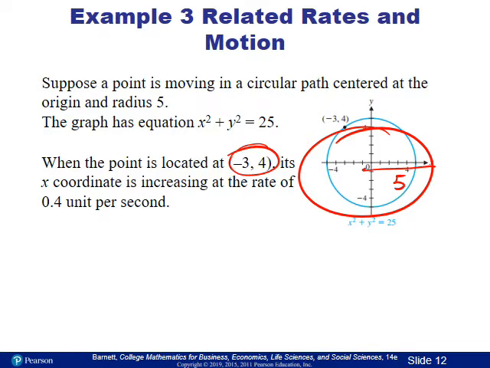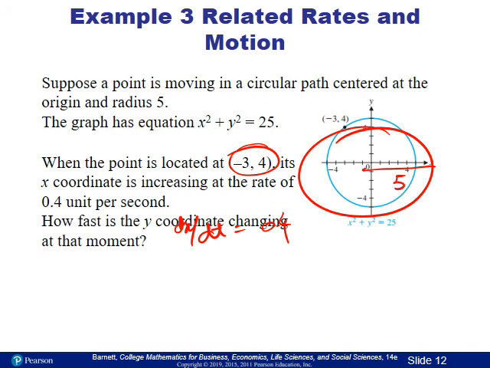When the point is located at (-3, 4), its x coordinate is increasing at the rate of 0.4 units per second. So it means that dx/dt is 0.4. How fast is the y coordinate changing at that moment?